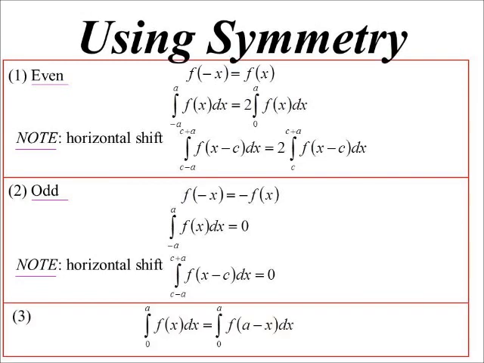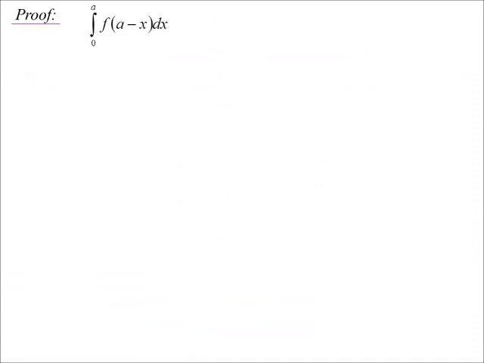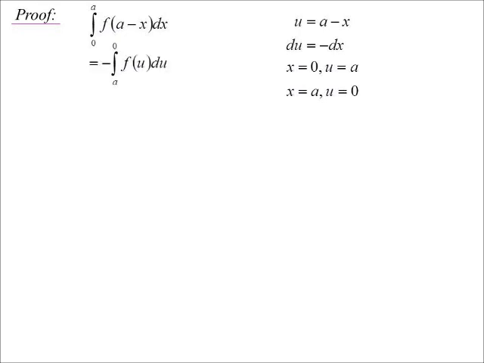The third one, which we haven't really talked about, is this. Let's prove it formally. I'll just do it by substitution. If I let u = a - x, du = -dx. The limits: when x = 0, u = a, and when x = a, u = 0. So we end up with minus the integral from a to 0 of f(u) du.